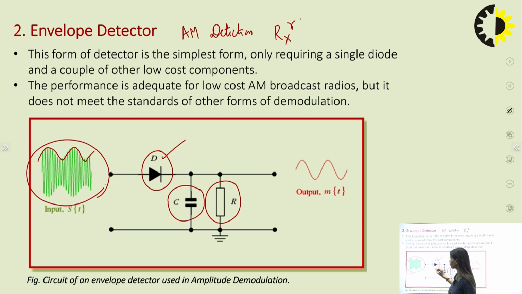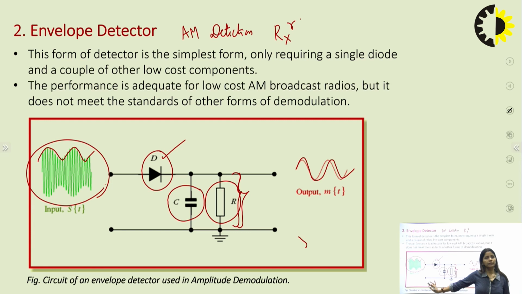When it gets forward biased, the capacitor will get charged, and whatever voltage appears will come across the resistance, and the envelope will appear across this resistance. You will get the output like this, m(t). The envelope of m(t) will be detected, and the capacitor will charge to the same value as the envelope of the amplitude modulated wave.